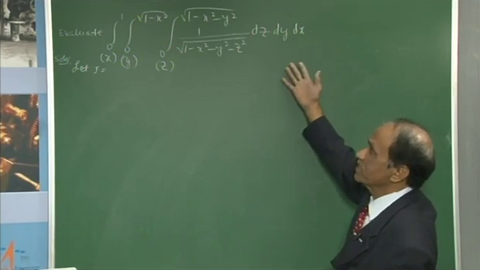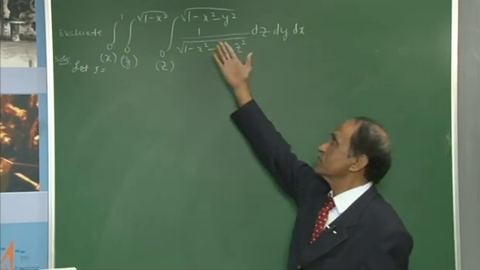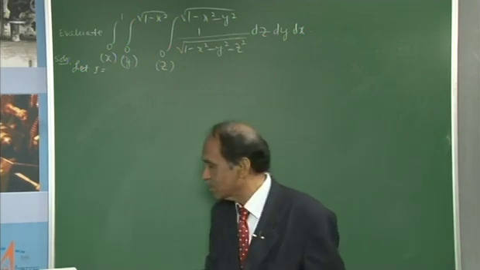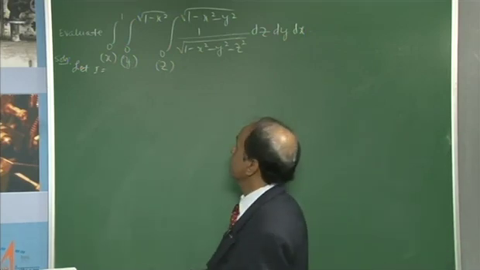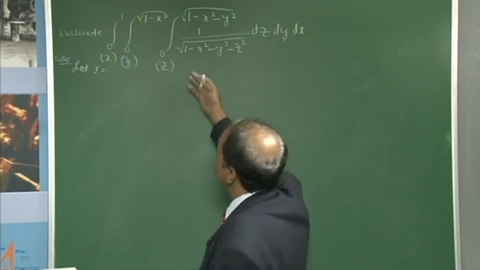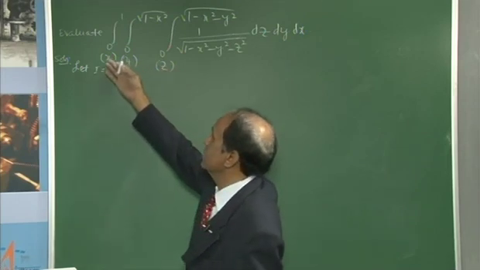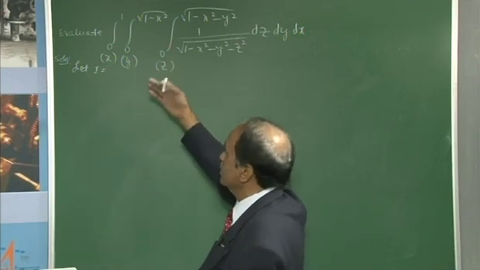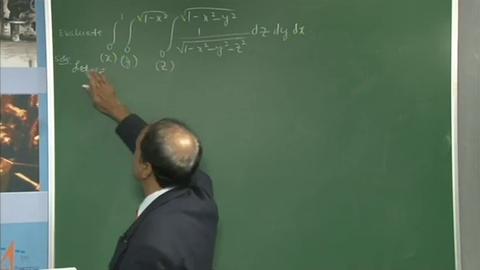This order should be fixed, because which variables are given, the opposite variable you have to designate when you start writing the first integration. So z is there, y is there, x is there, and you can assign the inequality values by inequality symbol.